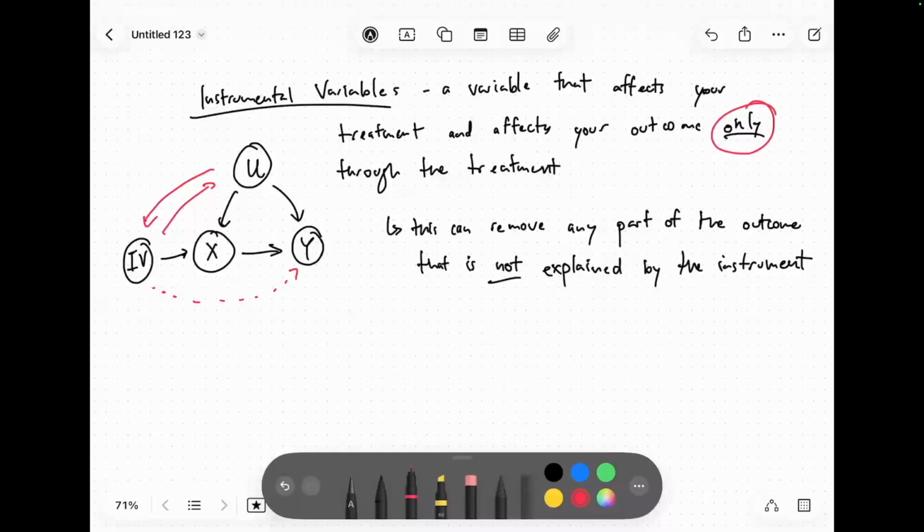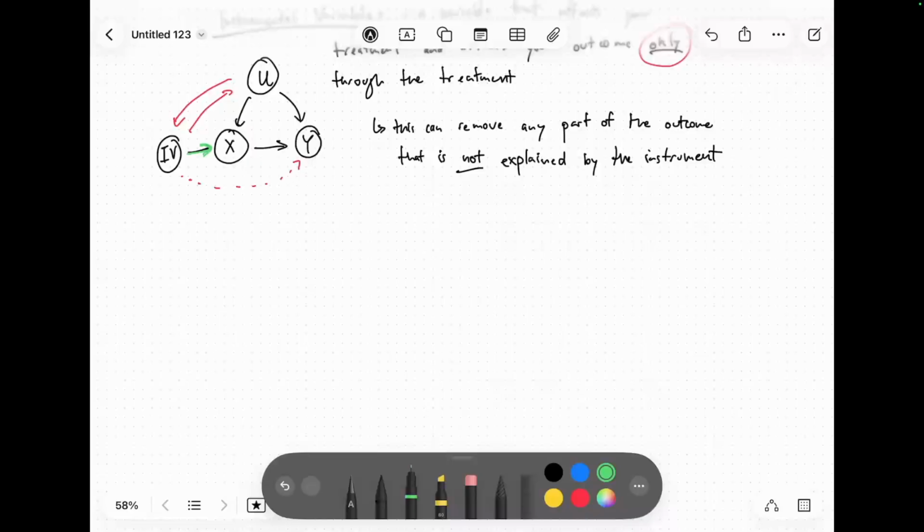So the most important thing is that the effect that we observe, that we're interested in, the IV, the instrumental variable, can only affect it through our treatment. Okay? Any questions about this?